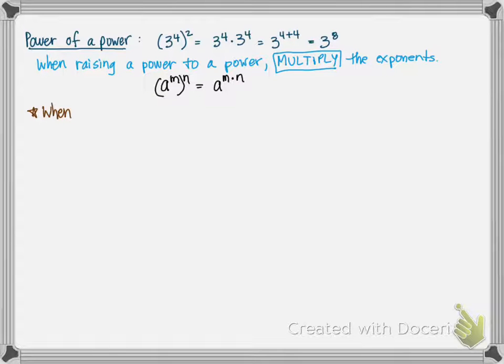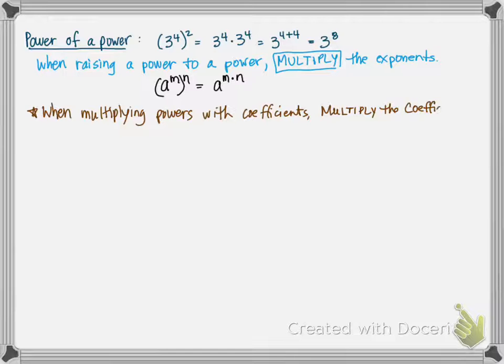When multiplying powers with coefficients, and you'll see examples, we're going to multiply the coefficients, so numbers times numbers, but we're going to add the exponents.